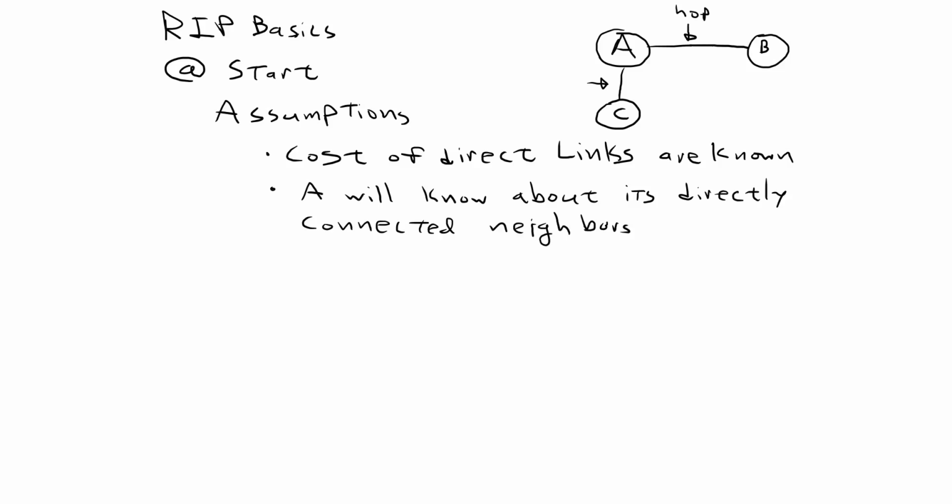It can't see anything further than C and B at the start because the protocol has just started. Nobody has been sharing any information.